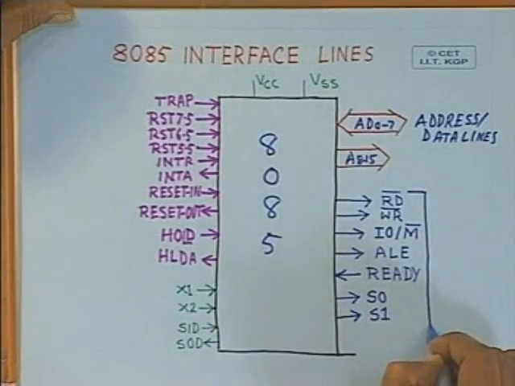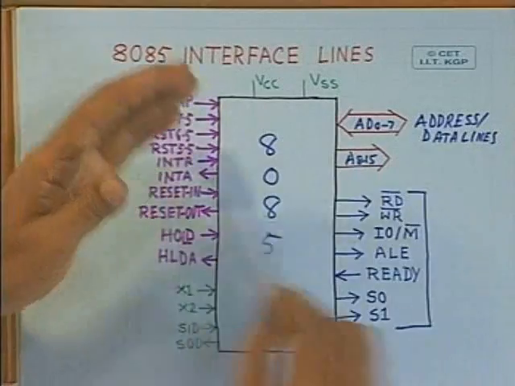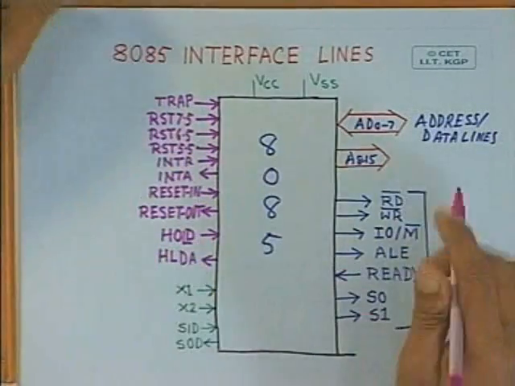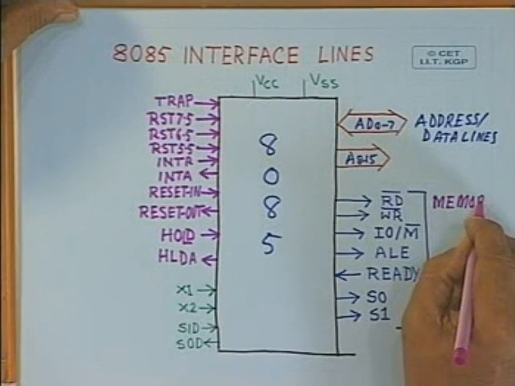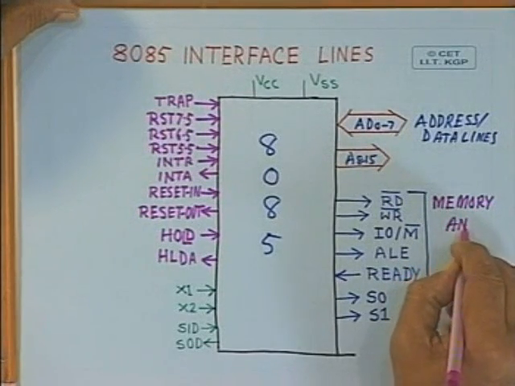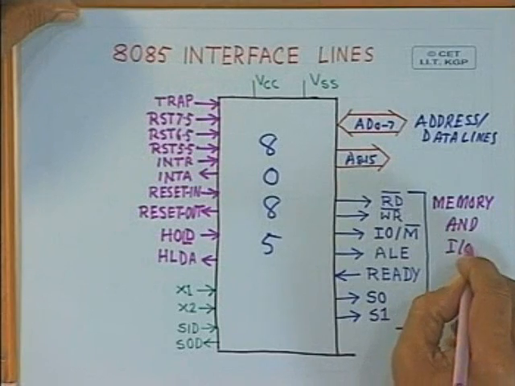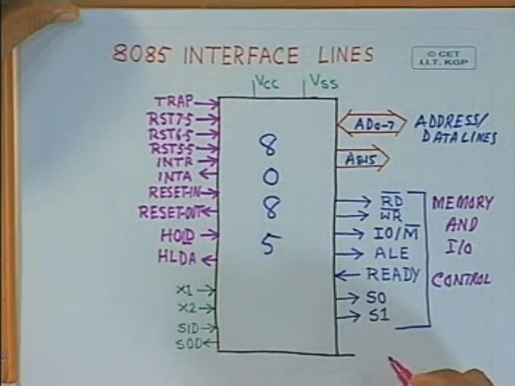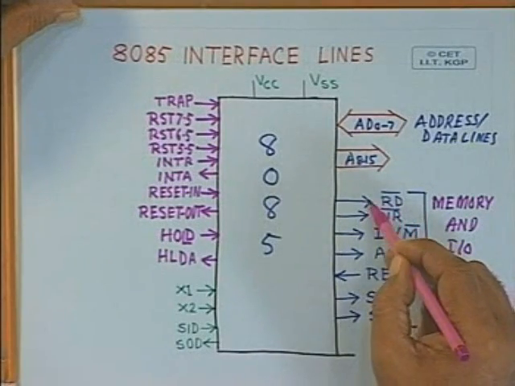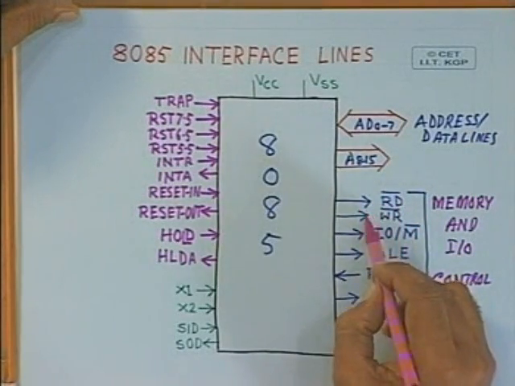And these are the lines, as I told, are used for memory and I/O control. So here two separate lines are provided for read and write.